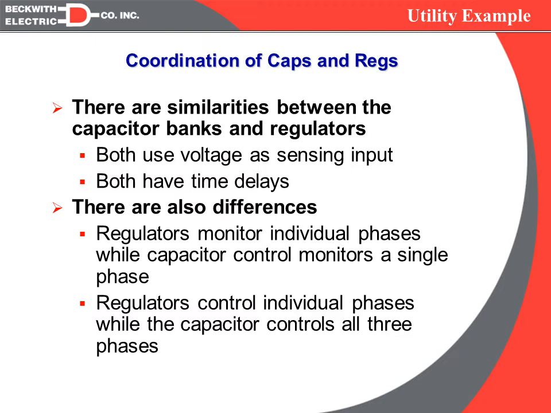We want a regulator raising or a cap bank closing, or a regulator lowering or a cap bank opening, at approximately the same voltage levels, but with differing time delays. And we know that the regulators are monitoring individual phases while the cap banks are only monitoring one phase, but we're trying to correct somewhat for that by having the cap banks monitor different phases for each bank.